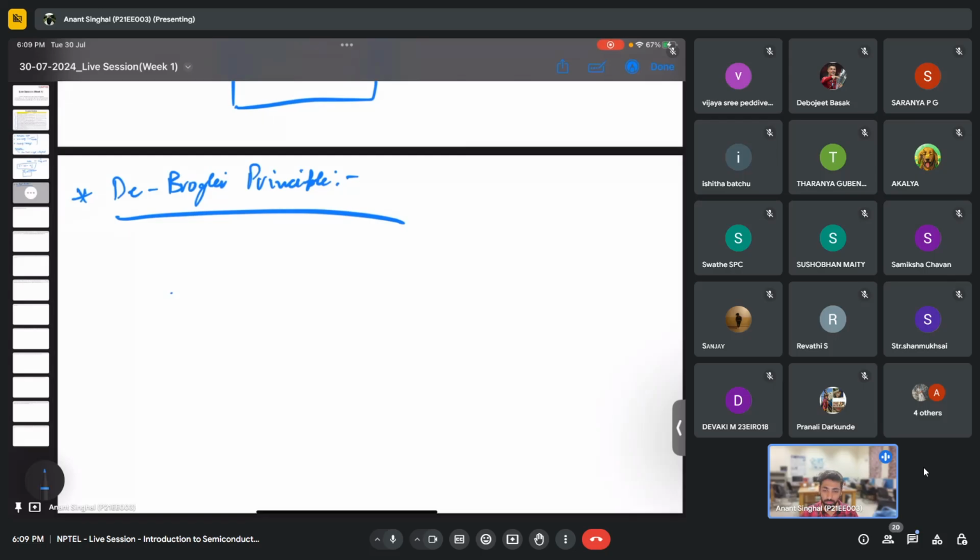So, can anyone tell what the de Broglie principle is? Sir, the de Broglie principle says that matter can exhibit dual properties, that is, wave property as well as particle property simultaneously. Yes, that is correct. If I consider an electron, the de Broglie principle states that the electron can also act like a wave.